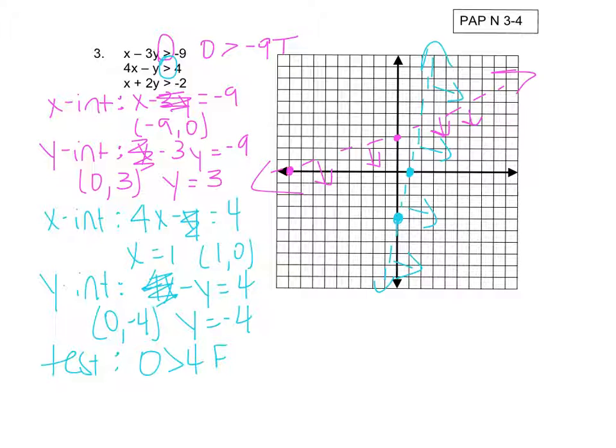And then that last one. So I have x plus 2y is equal to -2. So x would be a -2. And then y-intercept.